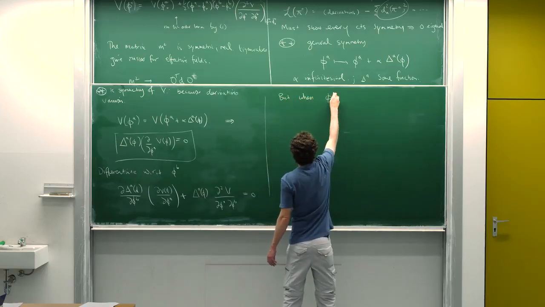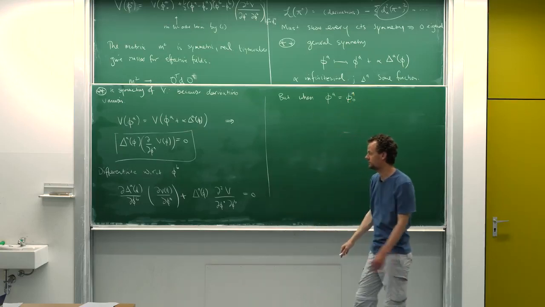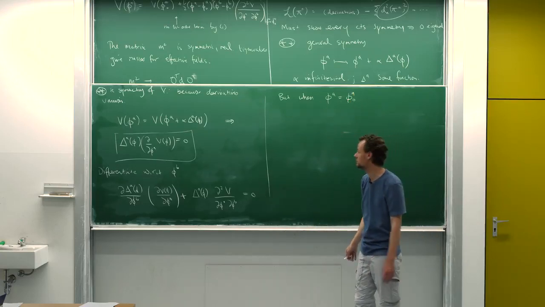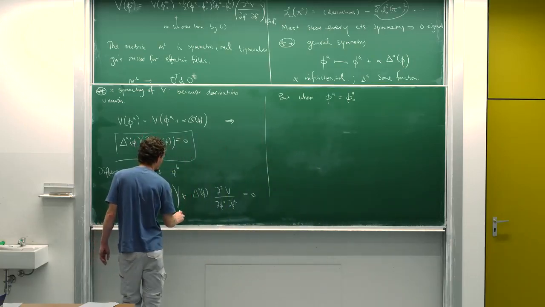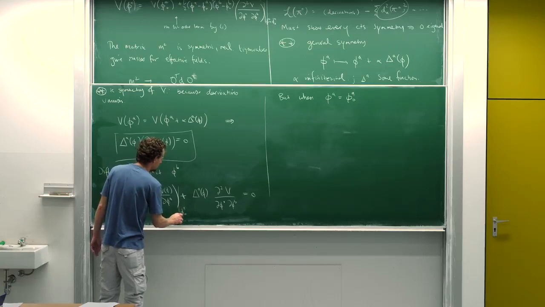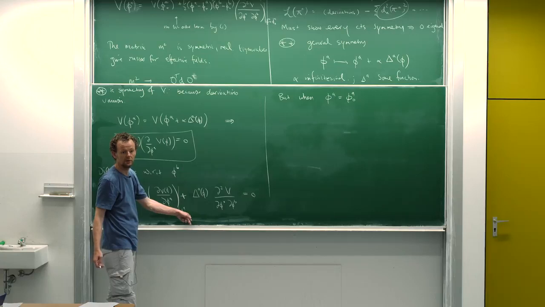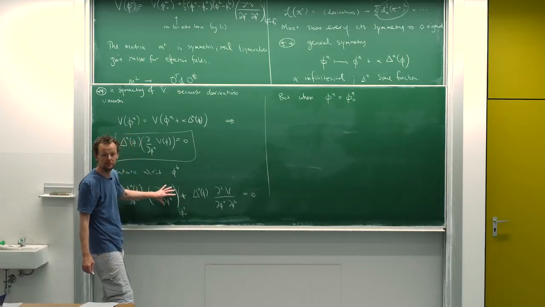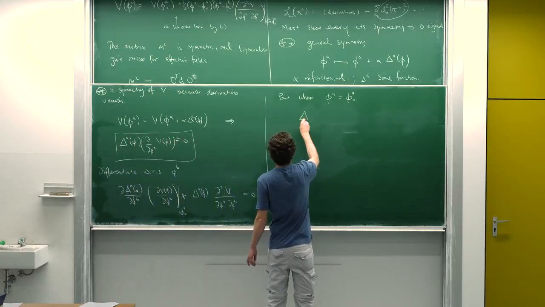But when phi a is equal to phi a naught, when you evaluate this derivative at phi a equals phi a naught, then that term vanishes, right? That's what it means to be the minimum of the potential. We end up with this expression here.